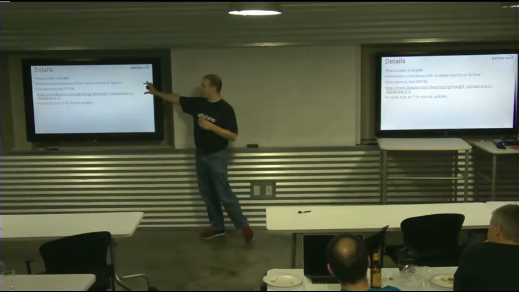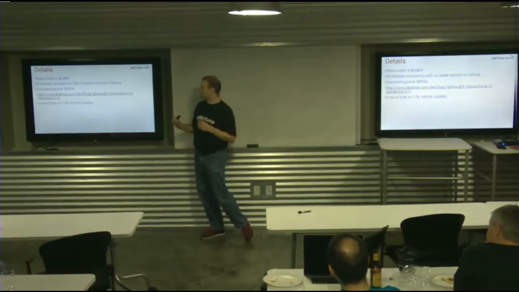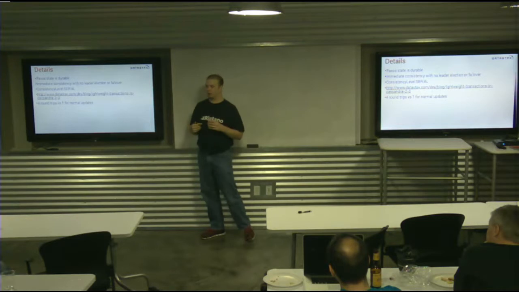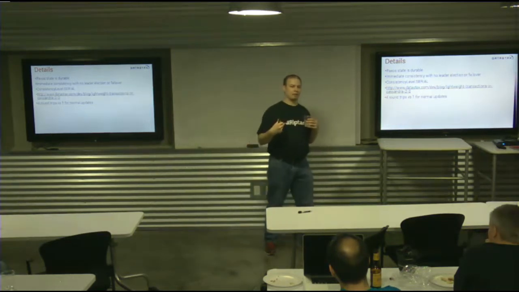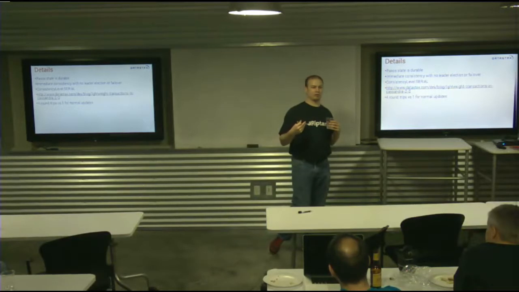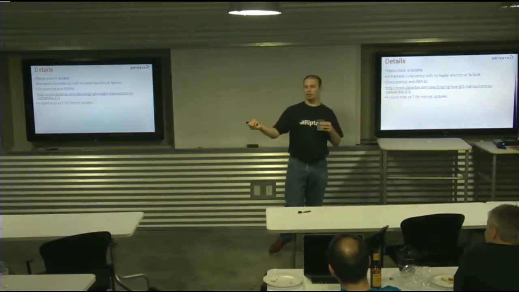There's a number of consequences to using Paxos. The most important one, perhaps, is at the bottom here, that we actually have to do 4 round trips for a lightweight transaction versus 1 for a normal update. So 3 of those round trips are for the Paxos machinery, and then 1 is to actually check your lightweight transaction condition.